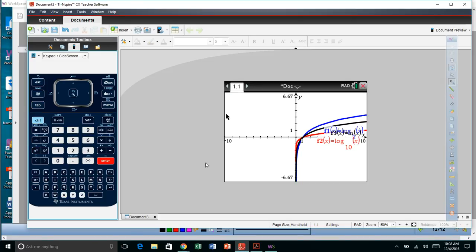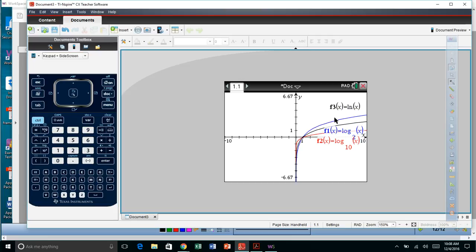So those are the three we graphed. Okay, so we can take a look at it.